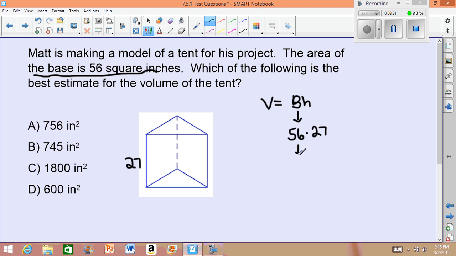So we can round 56 to 60, and we can round 27 to 30. So we have 60 times 30. 6 times 3 is 18, and add 2 zeros after it. So the correct answer for this problem is C.